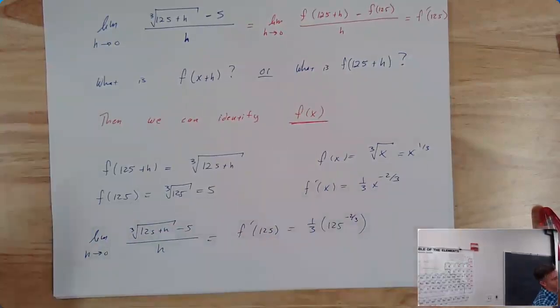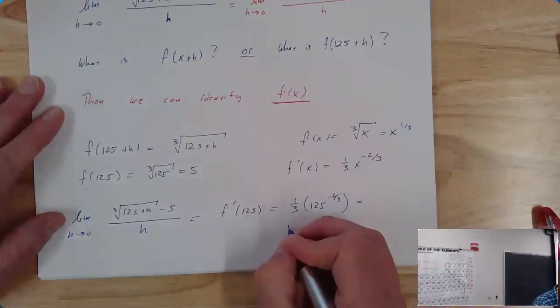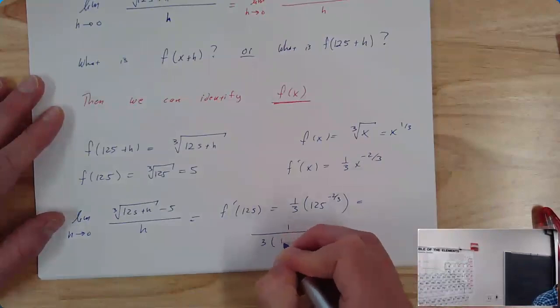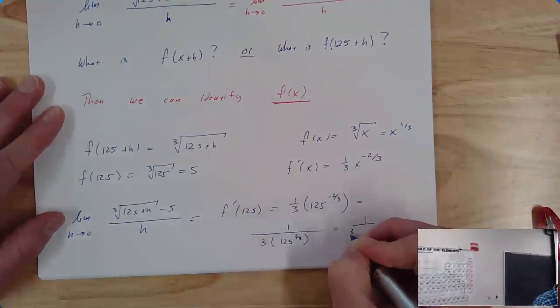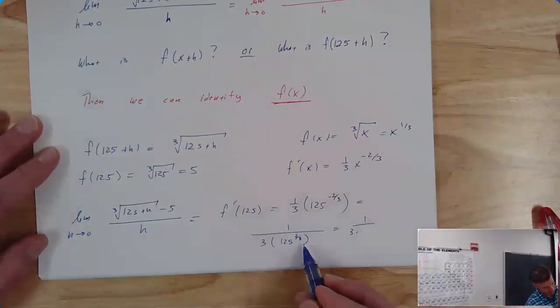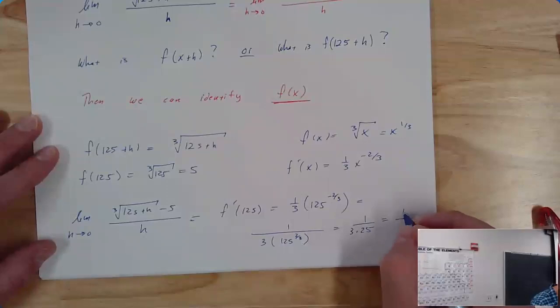Which we would never leave like that because we can totally simplify it. That's going to be 1/3 times 125 to the positive 2/3, which is 1/3 times 125 to the 1/3 is 5. 5 squared is 25. So you get 1/75.